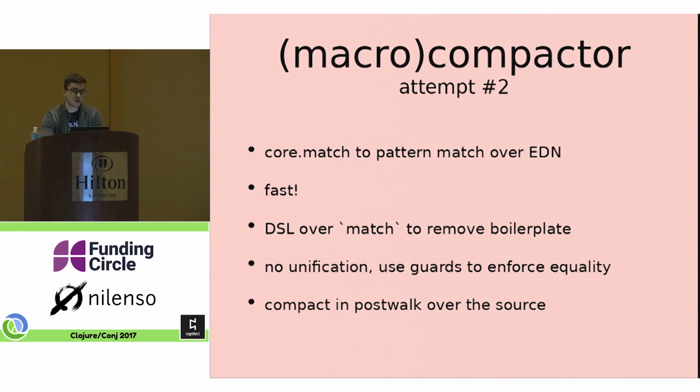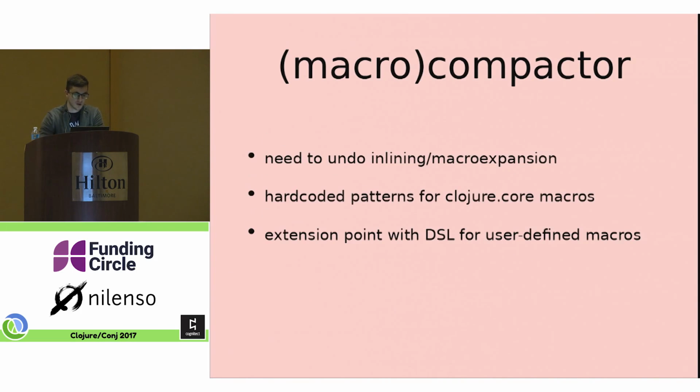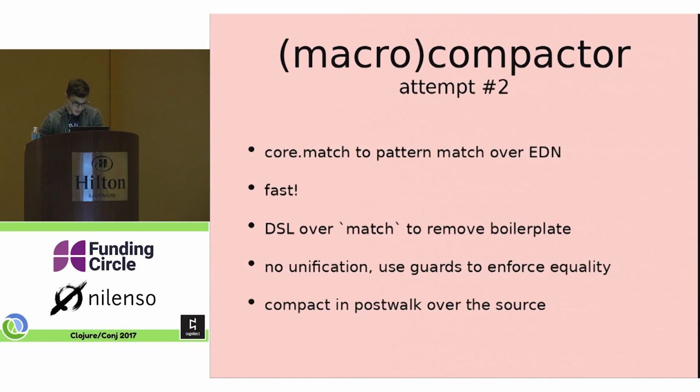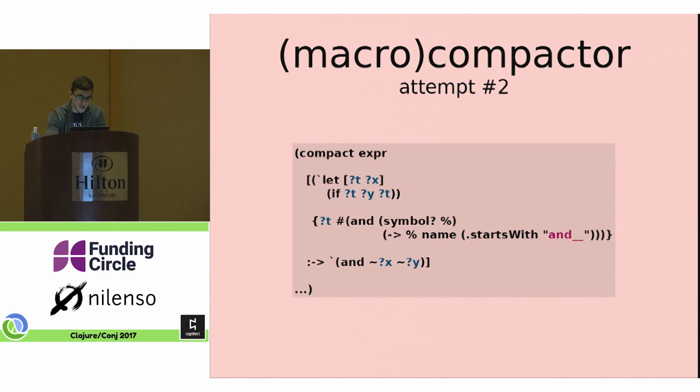The problem with using core match is that we lose the guarantees of unification, but for the use case that we need, it turns out that we can simply use guards to enforce the equality guarantees that we need. And so this is what the DSL kind of looks like.